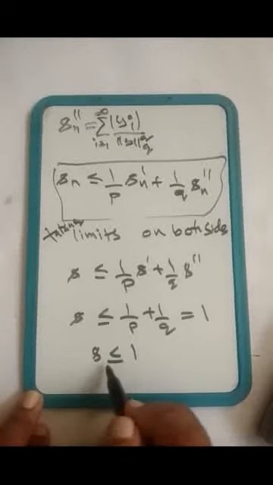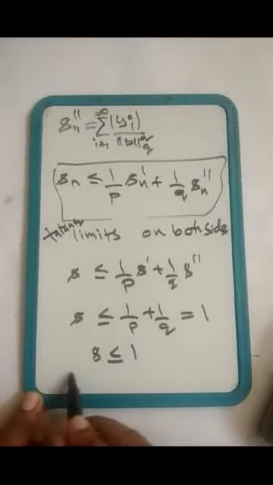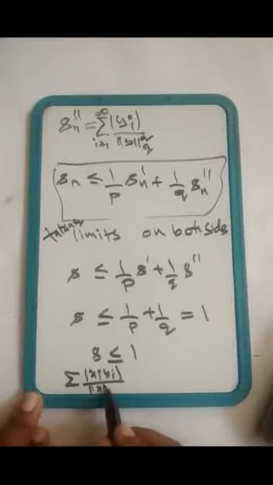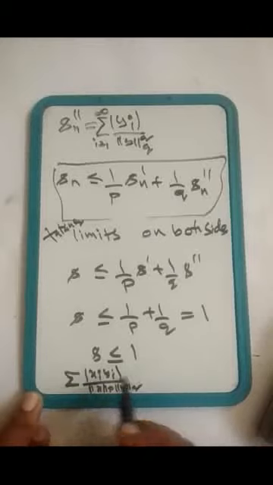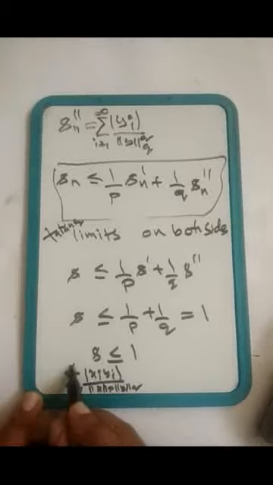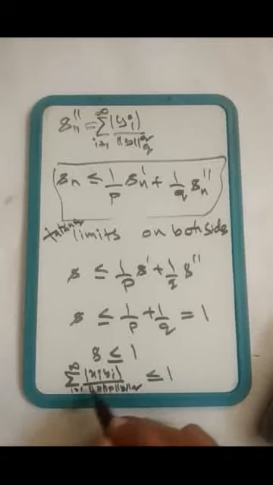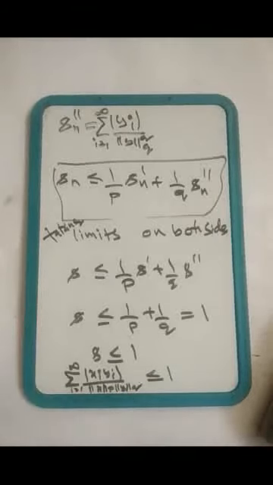What was S? S was nothing but summation xi yi over the norm of x, p, norm of y, q, i going from 1 to infinity. And so this is less than or equal to 1. This is a constant term, so each partial sum won't have this thing.